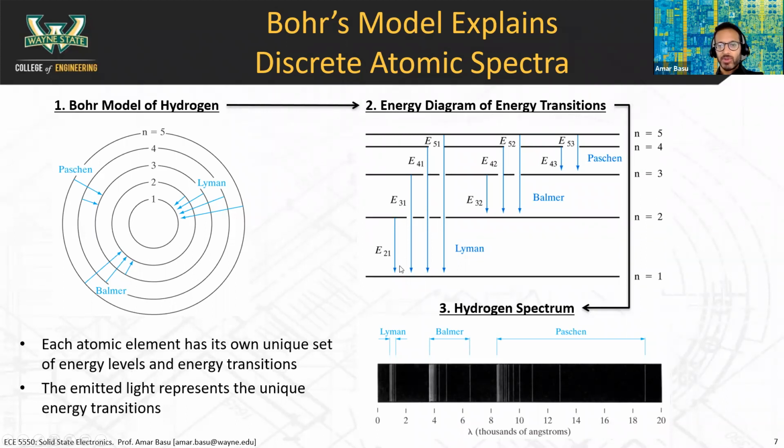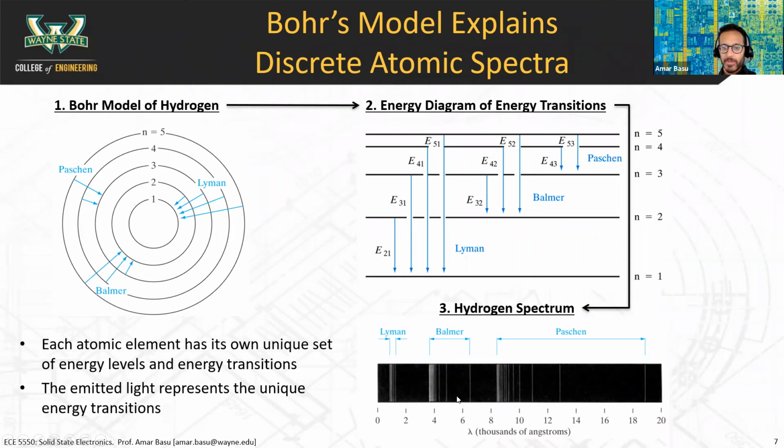So energy level 2 to 1, 3 to 1, 4 to 1, 5 to 1. And then we can consider all the energy transitions that end at energy level 2: 3 to 2, 4 to 2, 5 to 2, and so on. So we have these different series that emerge, different energy transitions: the Lyman series, the Balmer series, and the Paschen series.